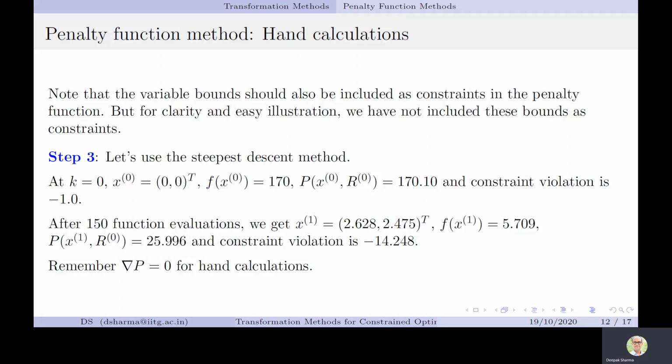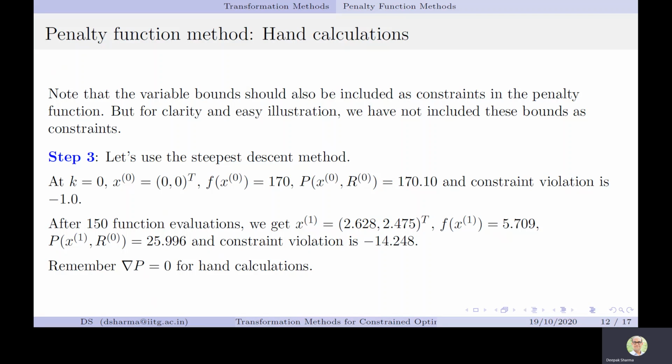Now you remember that we are solving an unconstrained problem by converting this problem using the penalty function method. Look at the penalty function values of P of x0, R0 and P of x1, R0. Since the penalty function value is improved, this means that the steepest descent method is working fine.